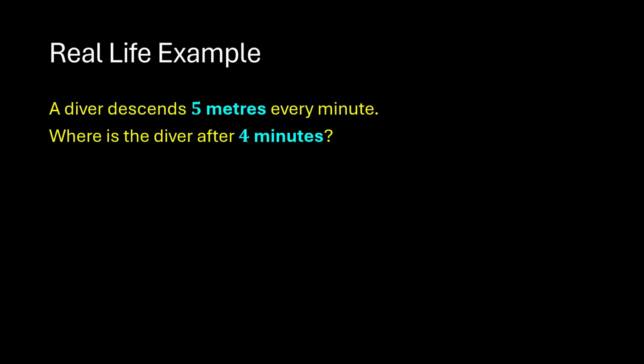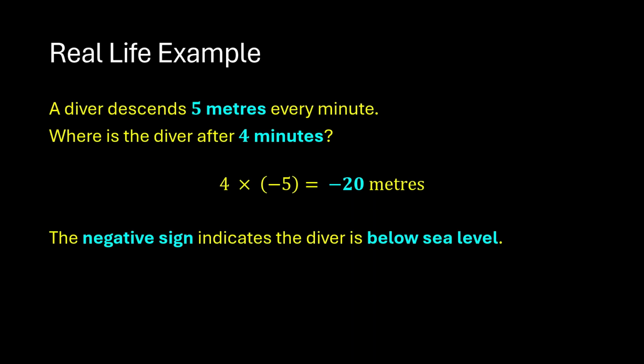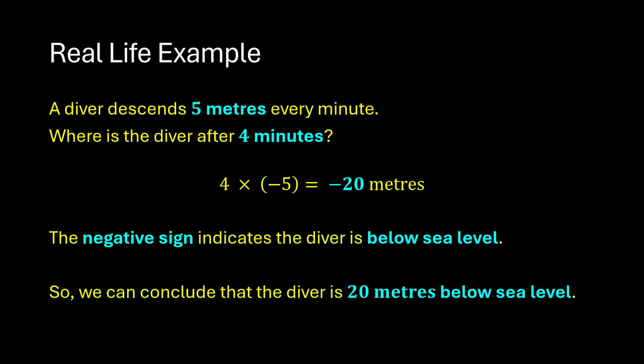Let's do the calculation. We have 4 times minus 5 equals minus 20 meters. The negative sign indicates the diver is below sea level. So we can conclude that the diver is 20 meters below sea level.